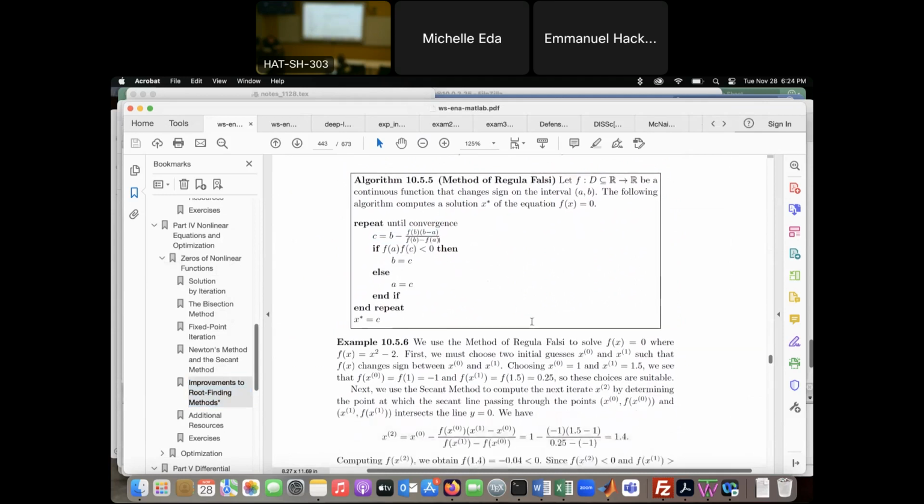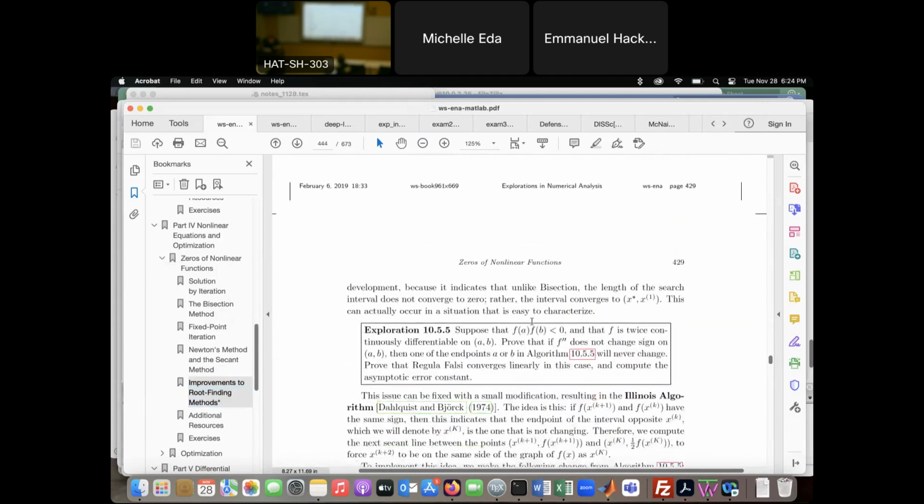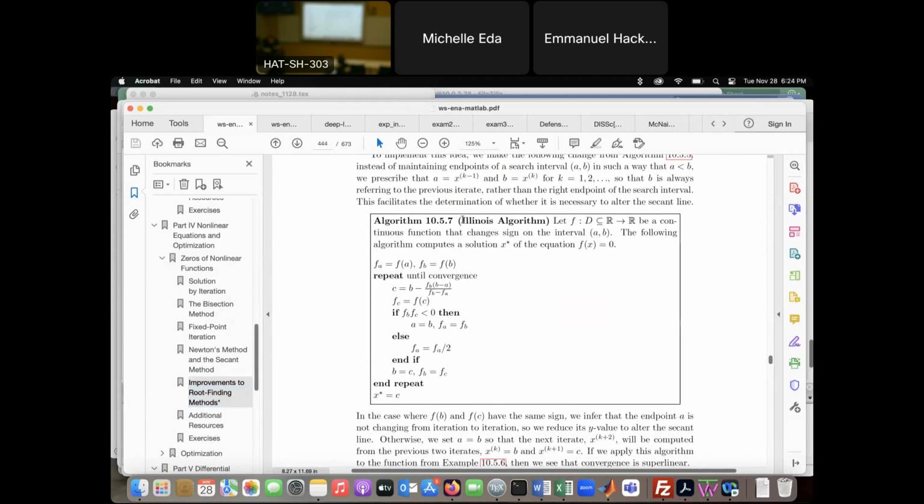But there's a modification that I present here, the Illinois algorithm, that has this strange modification of taking a function value and dividing it by 2. And that actually fixes the logjam that regula falsi gets into. It's very strange. And it's easy to think that's cheating, or like how could it possibly work? But it actually does. And it restores superlinear convergence.